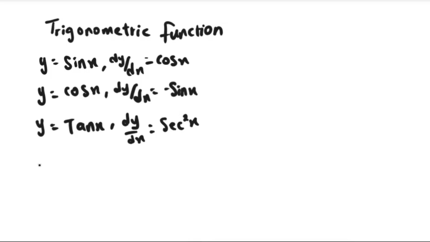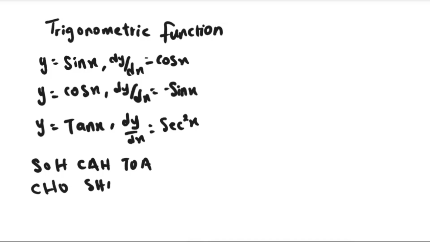So remember, when you say SOHCAHTOA, which are your normal ratios, sine theta is opposite over hypotenuse, cos theta is adjacent over hypotenuse, tan theta is opposite over adjacent. So you also have your reciprocal ratios, which is CoSHCAT. Here you have your cosec theta, which is hypotenuse over opposite.